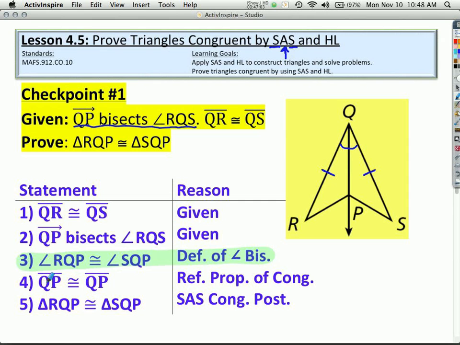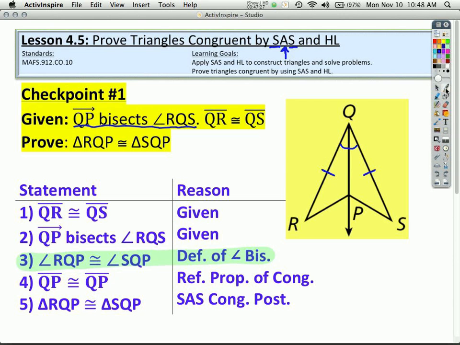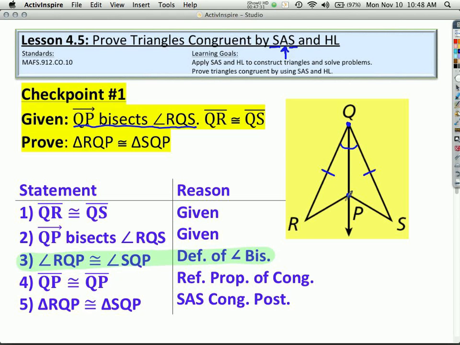Chris? You could also use the definition of ray to prove that ray QP is congruent to itself. Yes, you could have said ray QP is congruent to itself as well. Aren't all rays congruent to each other? Yes, because they're going on and on forever. The thing that I'm not sure about is that I would be inclined to say you would want to show that this segment was congruent to itself because we're trying to prove the triangles.